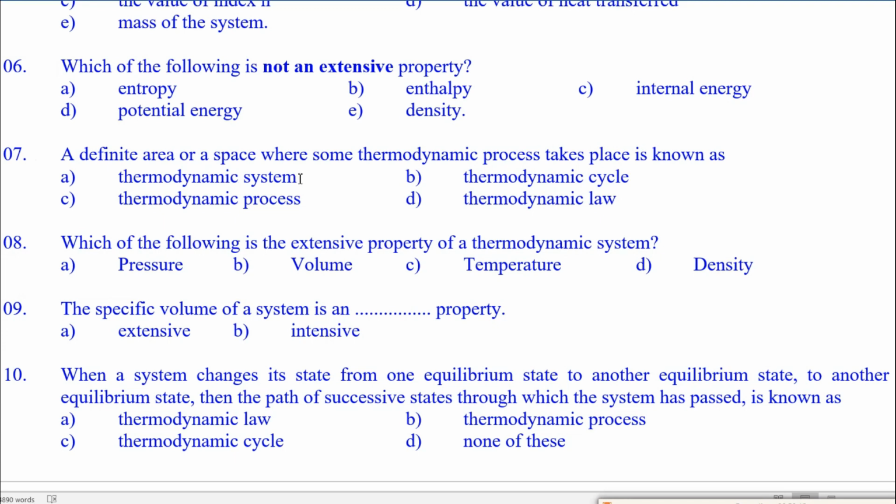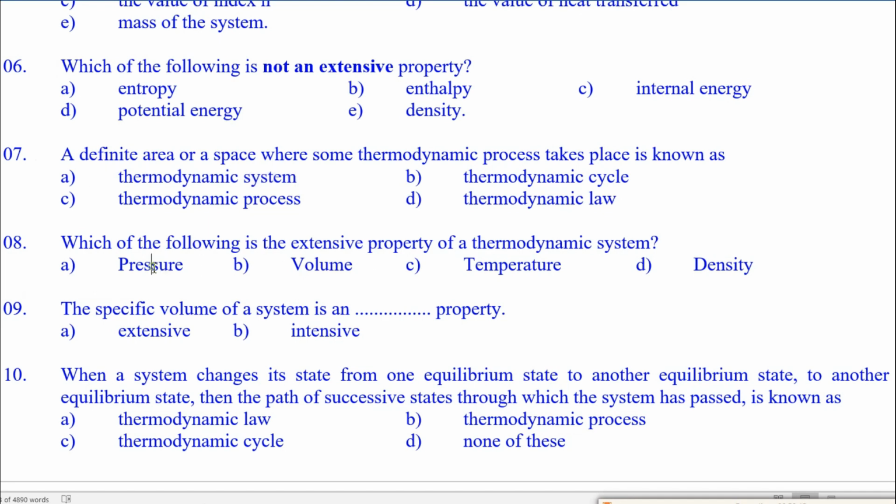Okay, here thermodynamic system, a definite space or area where some process is being considered, for example a room, that is a thermodynamic system. Option A.